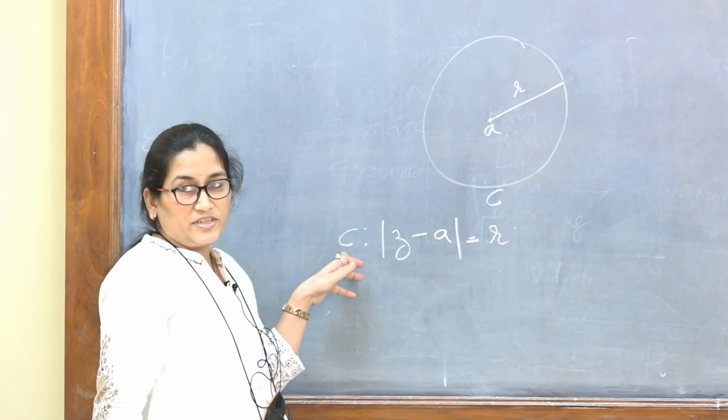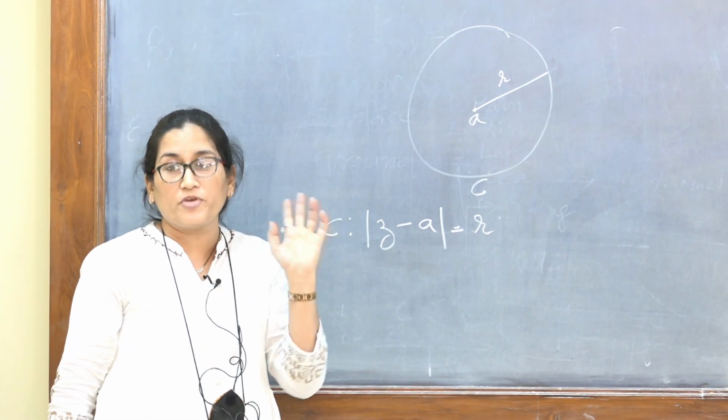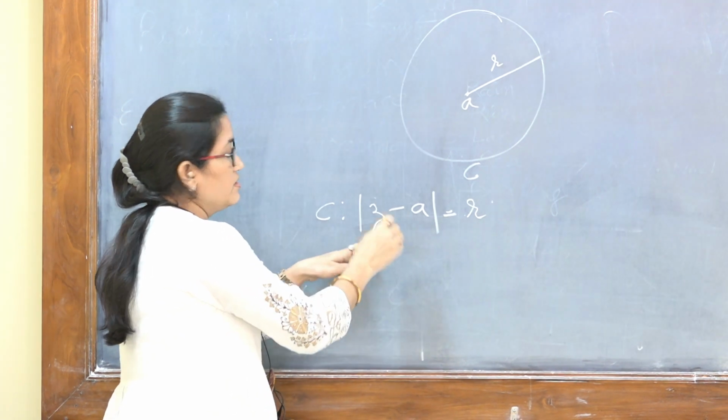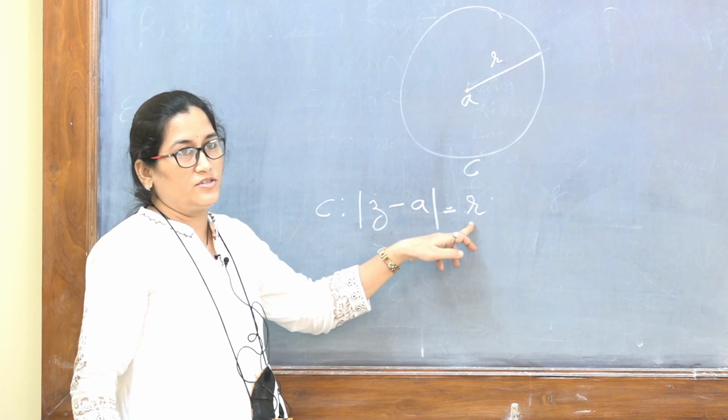Here C represents a circle, but now that I am speaking only for the complex type of variables, I am taking a variable Z, with the center A and radius of R units.